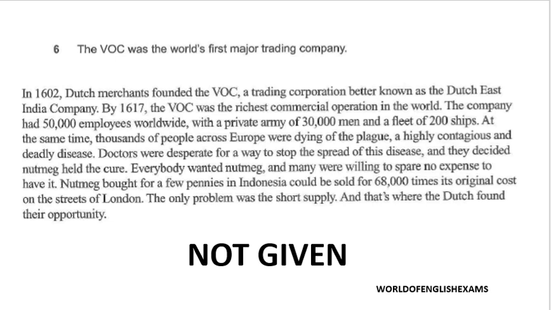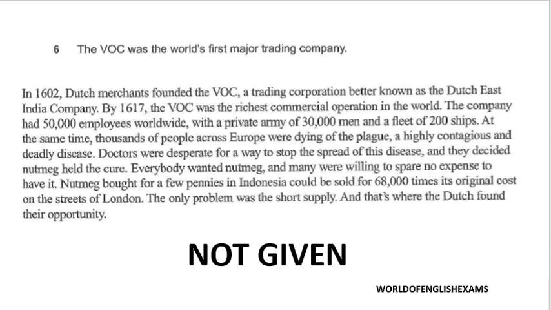So is it mentioning that it is the first major trading corporation? No, you can't go with the year because we do not have an idea of what happened prior to 1602. There could be other trading corporations as well, right? So it does not mention what happened before 1602, but after 1602, it became the richest commercial operation.